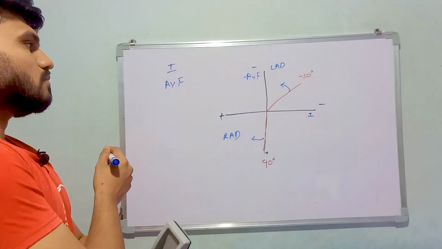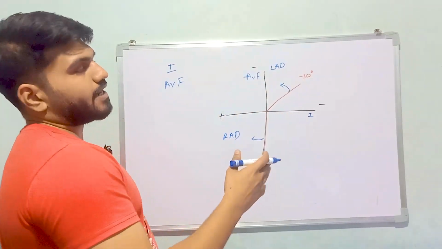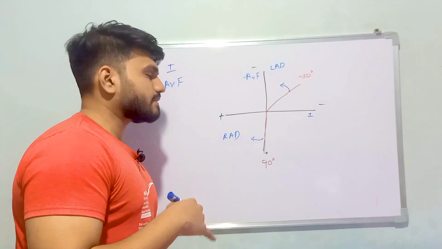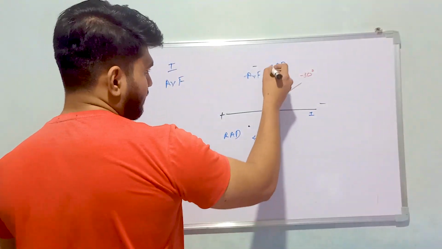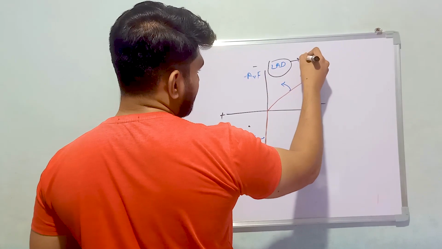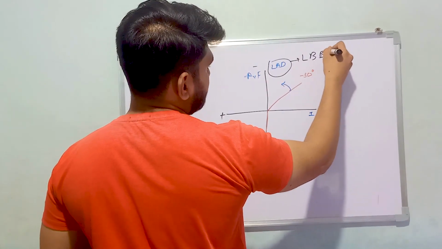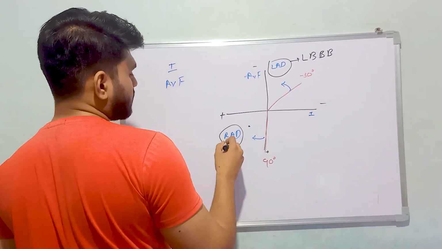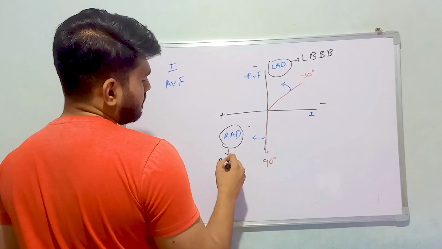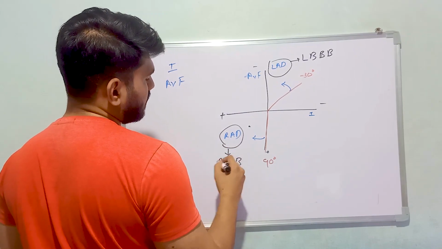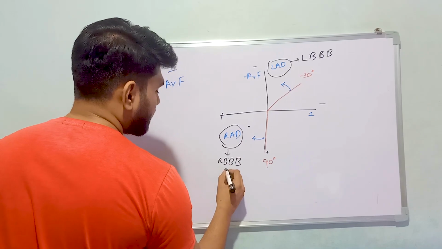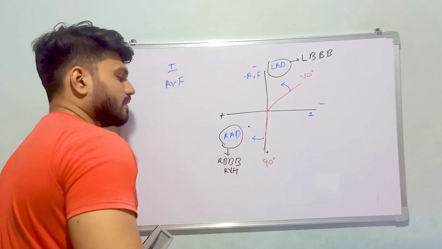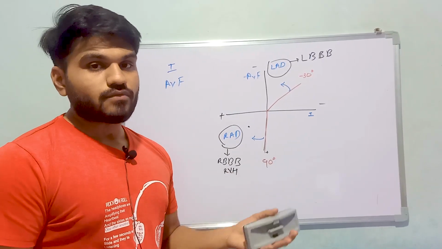Okay, so you have to just put the dots here and you will know which axis deviation this is. So moving forward, left axis deviation will represent left bundle branch block, and right axis deviation will represent right bundle branch block, and it also represents the right ventricular hypertrophy. So this is how you will determine the axis deviation.